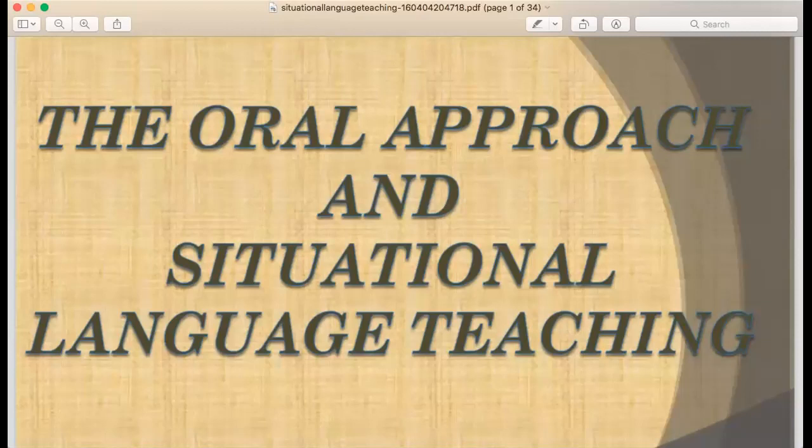Communication became very, very important, and in most of the methods that we're going to do, the aim of the method is to make the students communicatively competent. Because then there was a realization that language is speech, and if the students are unable to become proficient in a language, then there is no use of language teaching.